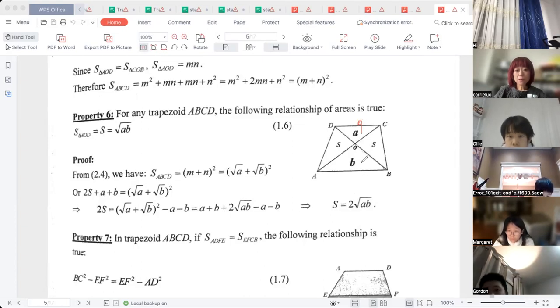And this one equals, let's say, 25. So the area equals the square root of 9 times 25, which equals 15. Get it, everybody? Okay, so that is how we do it. Copy this down, property 6.